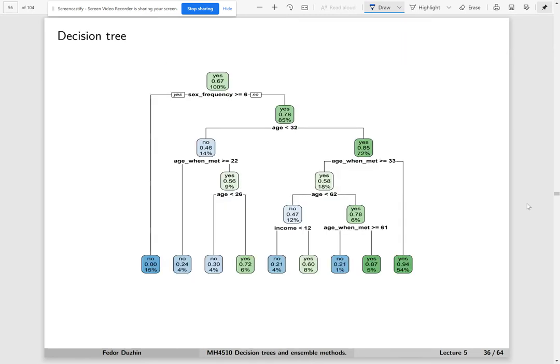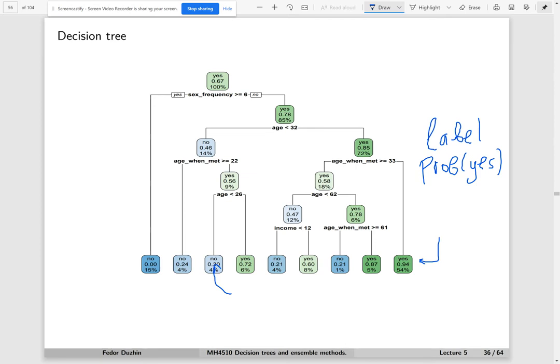Again, the plot is very similar. One thing is that it reports three kinds of things in all the nodes. First, the most probable label, the predicted label. Then the probability of yes, not the probability of that label, because for no, it predicts 0.3.